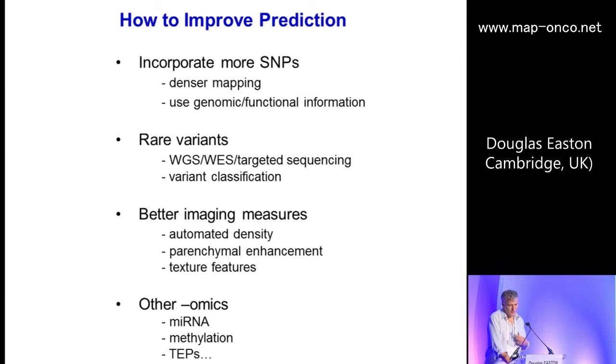There are a number of ways in which the imaging studies could be improved. The number of studies trying to use automated measures of density. There are other measures that you can use, for example, parenchymal enhancement on MRI, and there's a certain amount of evidence suggesting that other measures that measure texture rather than just density may also be predictive of risk.